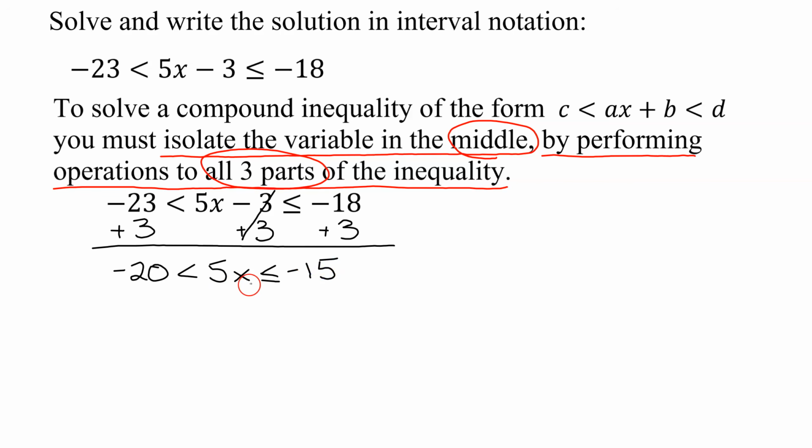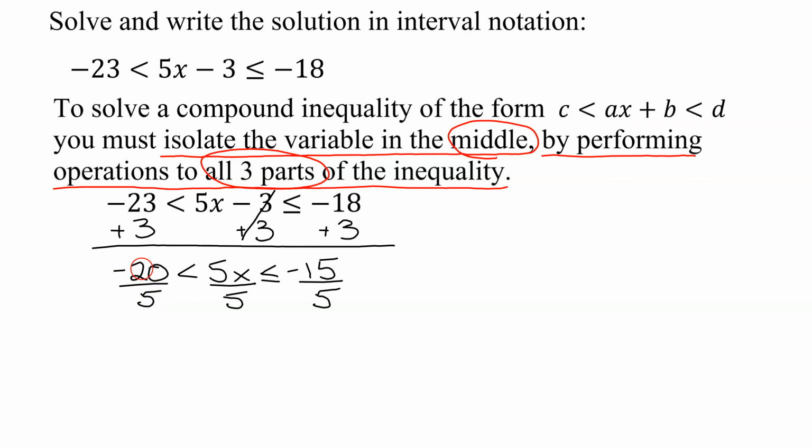So now I need to get x all by itself in the middle, so I'm going to have to divide each part by positive 5. And when you divide an inequality by a positive number, does that change the inequality symbols? No. That only happens when you divide an inequality by a negative number.